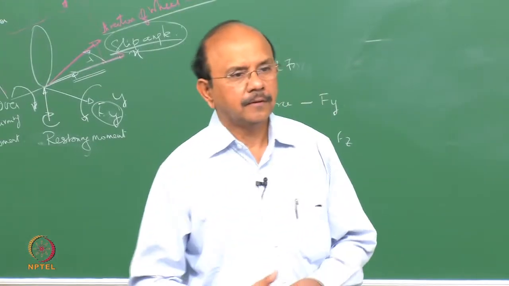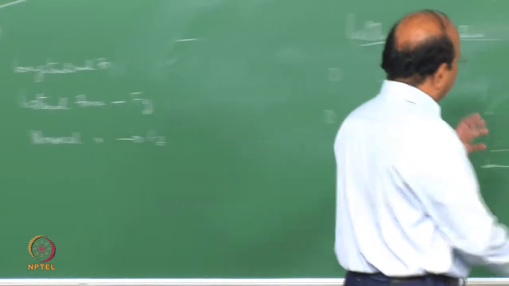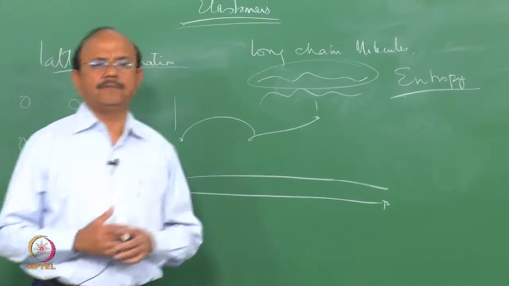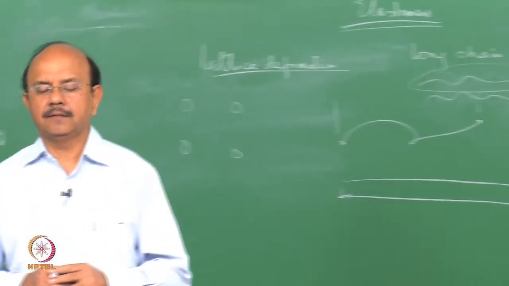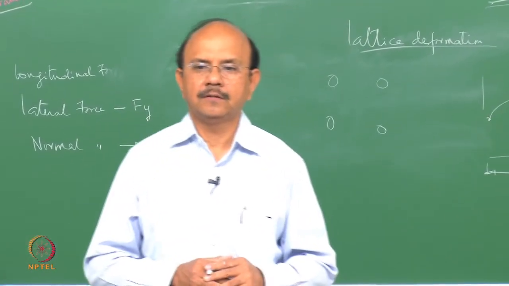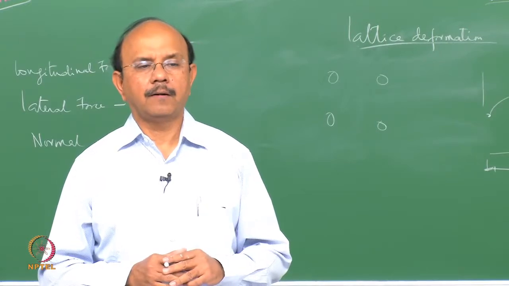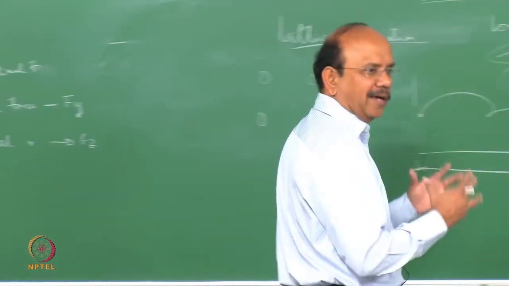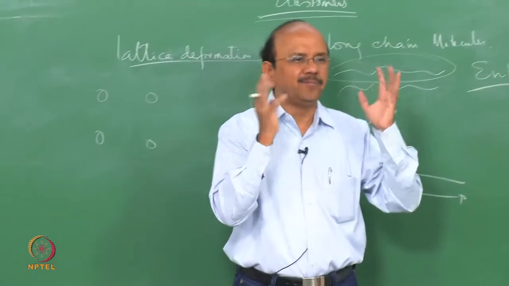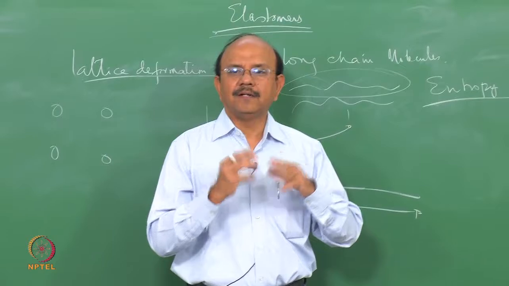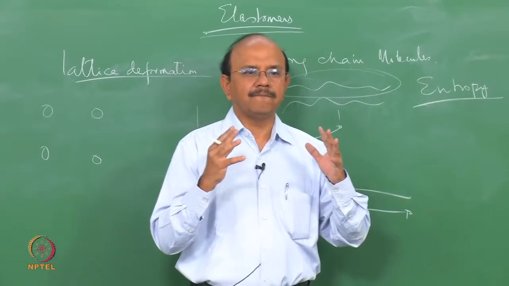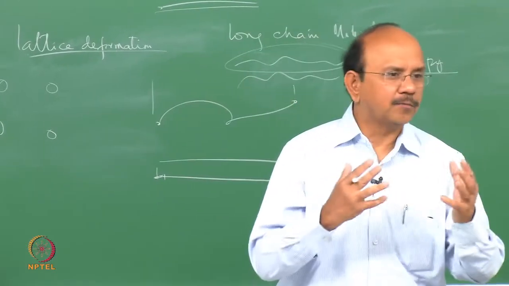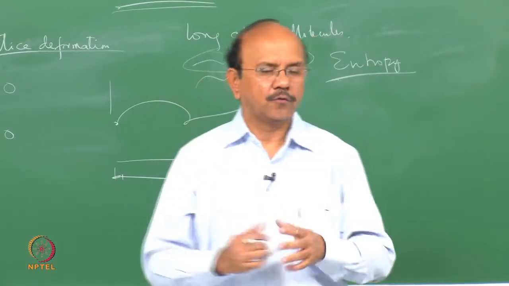Now you can imagine the entropy, which you normally understand it to be, a very simple way of understanding entropy is that higher entropy means there's more chaos, more disorder, and so on and so forth.